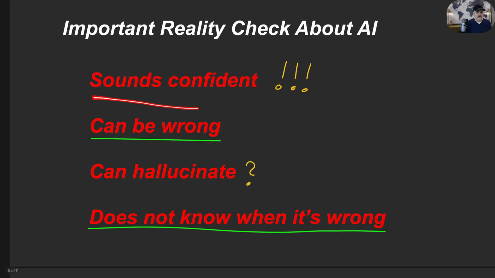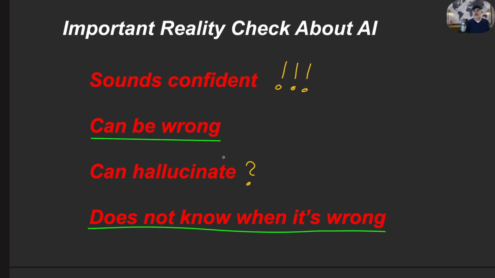If you have been using AI already, you know that AI sounds confident all the time. It doesn't know when it is right or wrong, because the machine doesn't care, frankly. It can hallucinate, and it can be wrong.